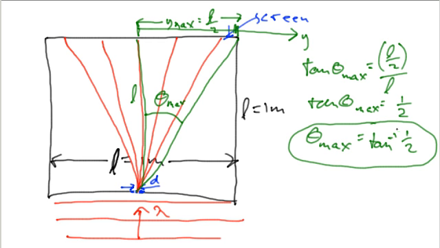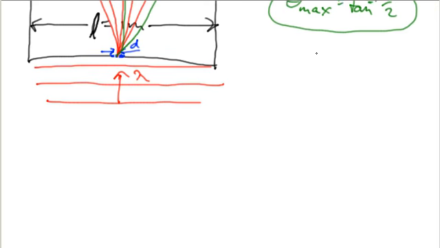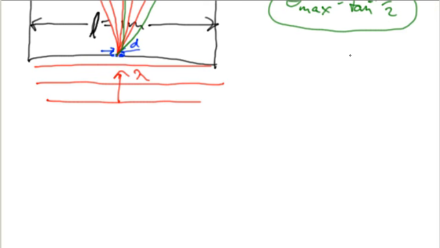So my plan is to use m lambda equals d sine theta to find theta.